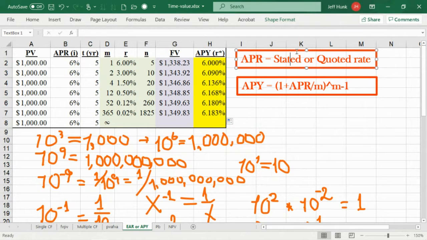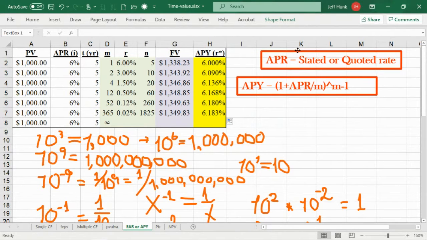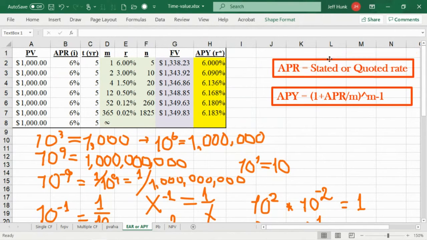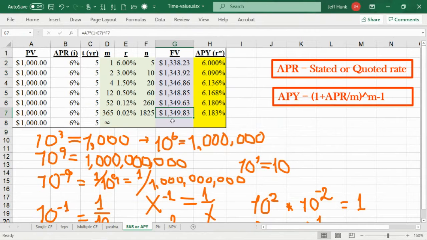And we want to verify. So how do you check? Now, simple. What is APY? By definition, APY is that annual interest rate that will take you to this future value by just annual compounding, if it is compounded annually.